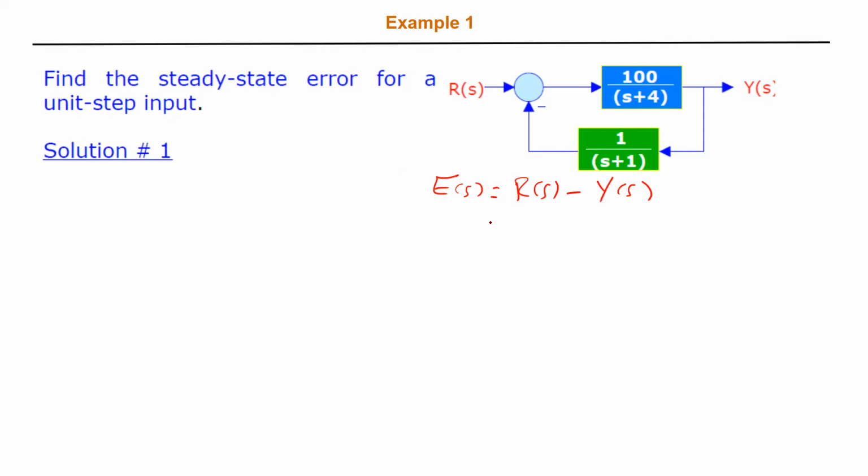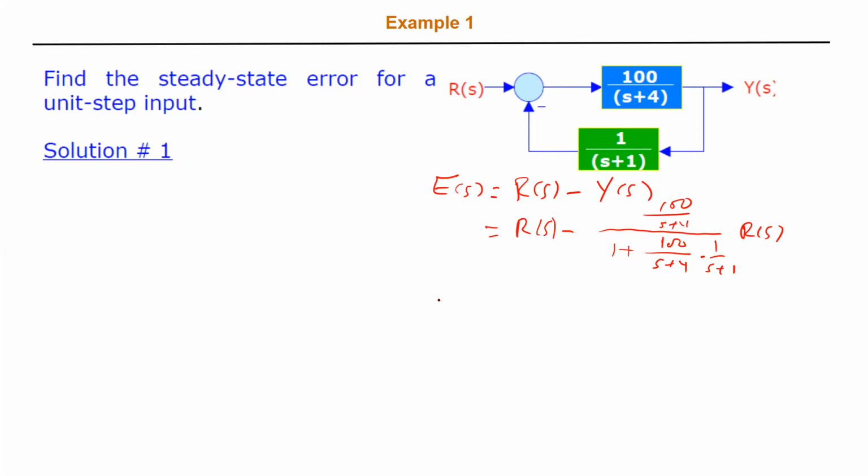We can find the T of S. Let me express Y in terms of R of S. So it's going to be 100 over S plus 4 over 1 plus 100 over S plus 4 times 1 over S plus 1. Do you agree? Yes.